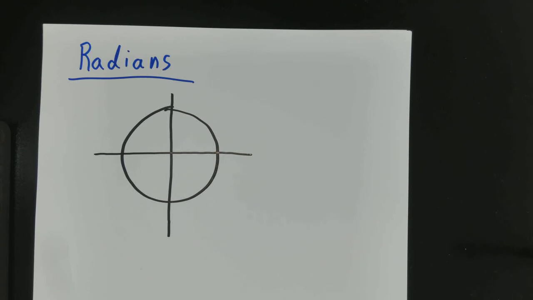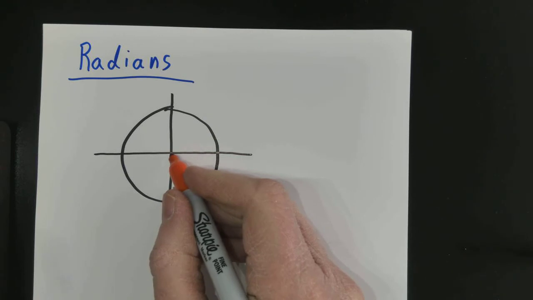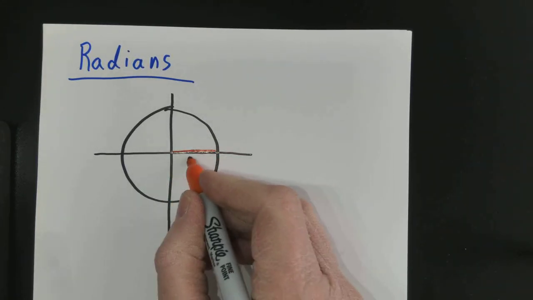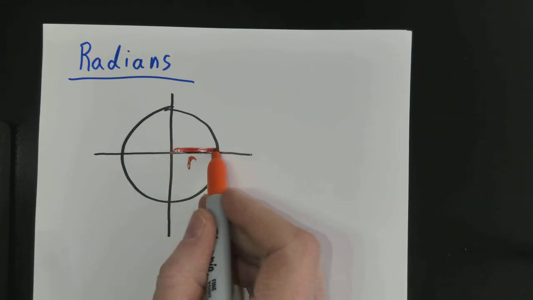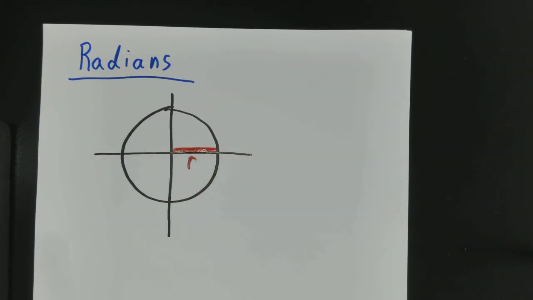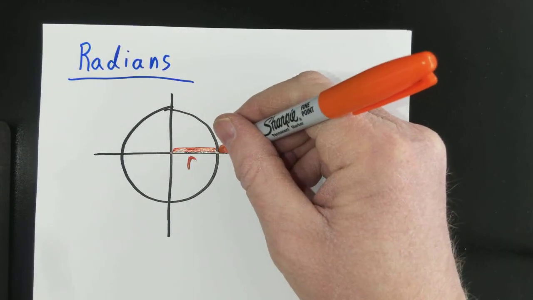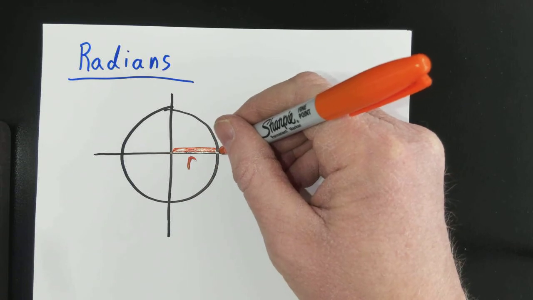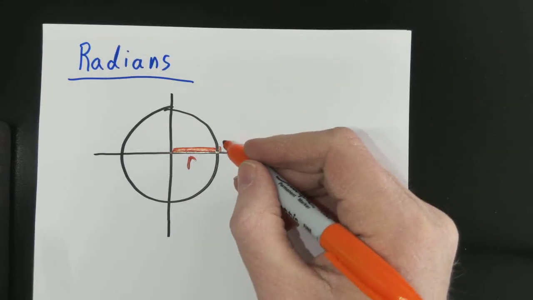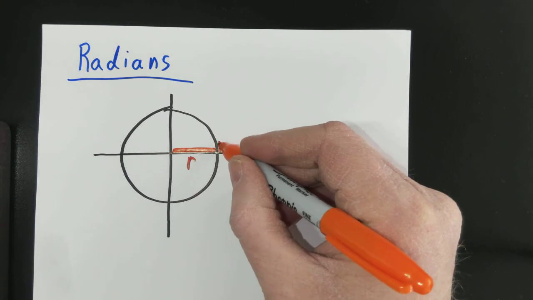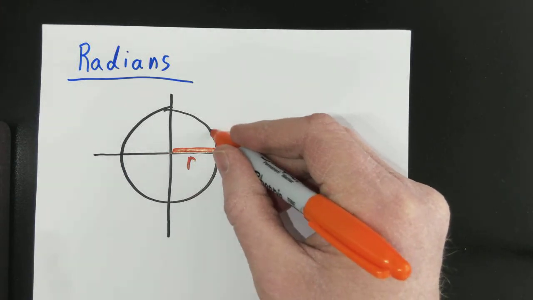The thing I want you to note here is that this circle has a radius r. And here's how a radian is defined. How wide a radian is. One single radian. You go along here and you follow this circle.